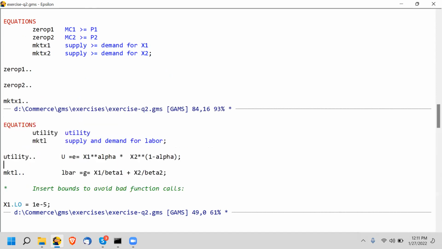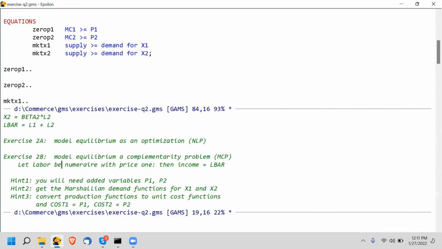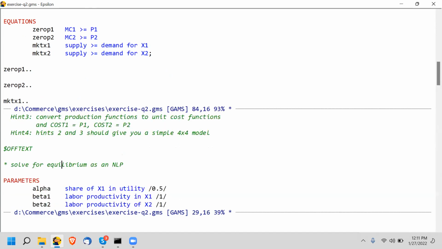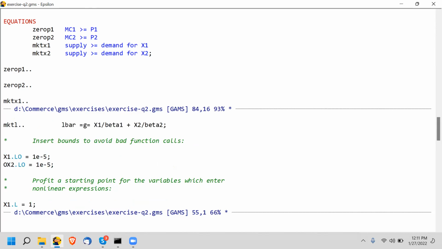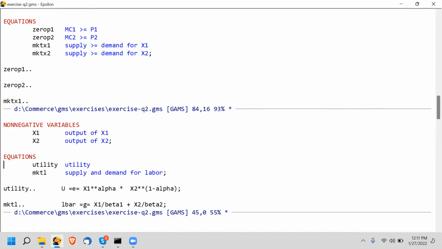So this is going to be, as he said at the top, he's going to let the price of... so it says here, it's going to be the modeling. Let L be numeraire with the price equal to 1. So therefore, income is equal to L bar. And this is going to be a Cobb-Douglas function.